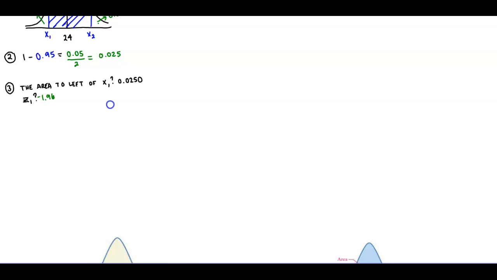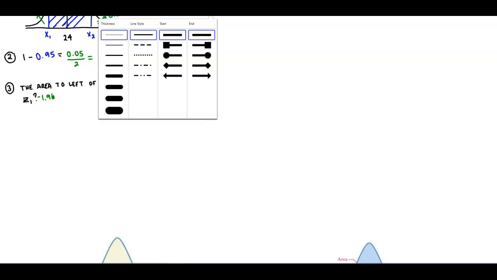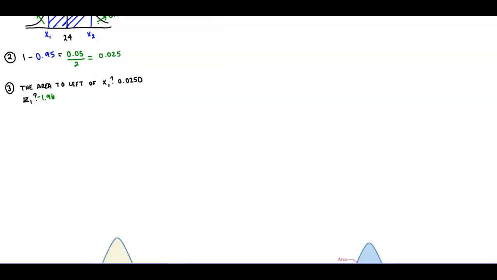And so then we're going to find what is the area to the left of x2.